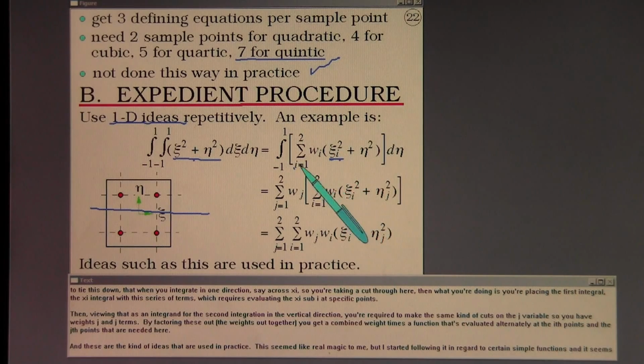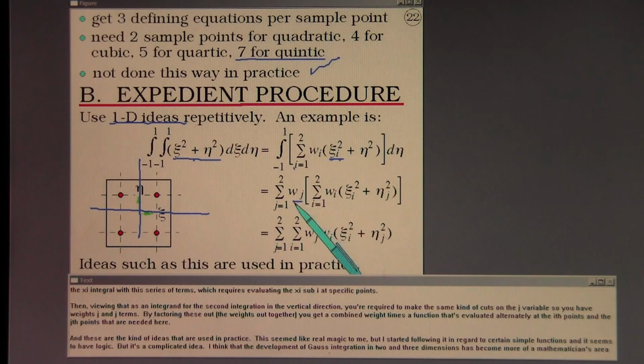Then viewing that as an integrand for the second integration in the vertical direction, you're required to make the same kind of cuts on the j variable, so you have weights j and eta j terms.